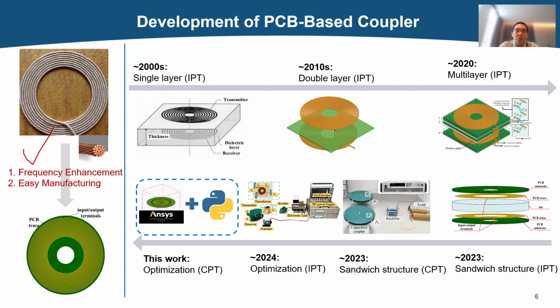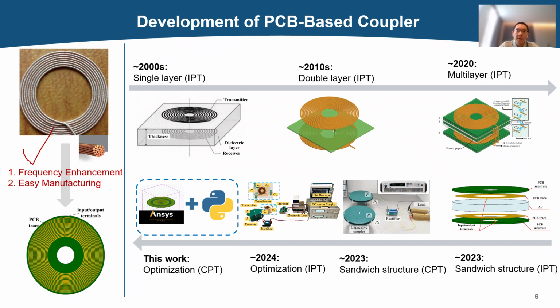Each transmitter and receiver consisted of a single-layer PCB trace, requiring an external compensation circuit to function effectively. By 2010, double-layer PCB-based couplers emerged, utilizing the inter-layer capacitance between the two layers to eliminate the need for external compensators.